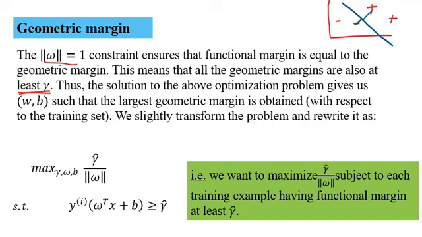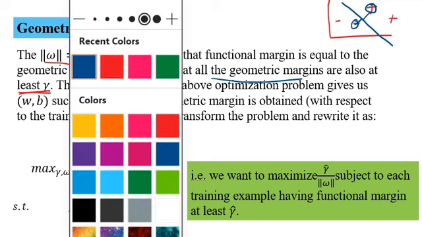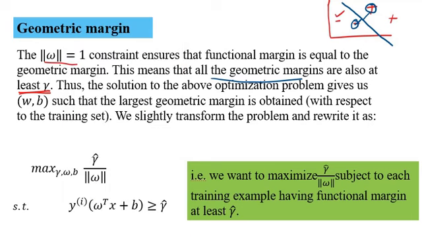Since this is the minimum over all the data samples, it implies that all the geometric margins are at least equal to gamma or more. For the samples which are not support vectors, like this one or this one, the geometric margin is greater than gamma.